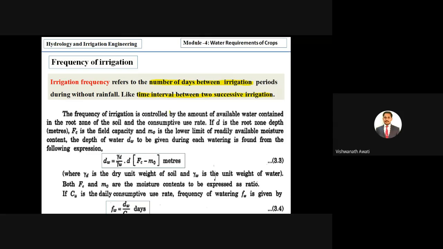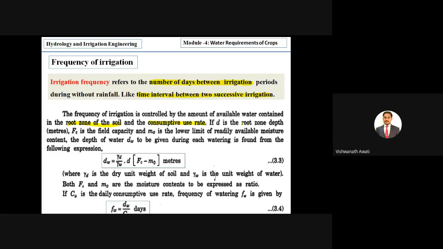Frequency of irrigation is controlled by the amount of available water contained in the root zone of soil and the consumptive use rate, right? It depends on the root zone of the soil as well as the consumptive use rate.